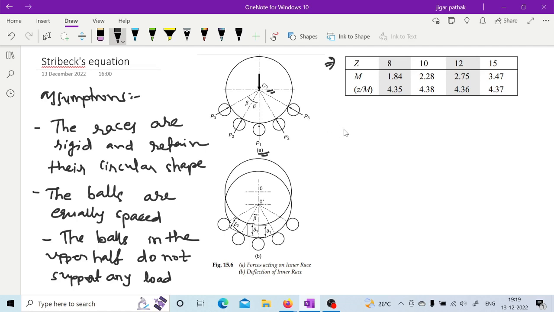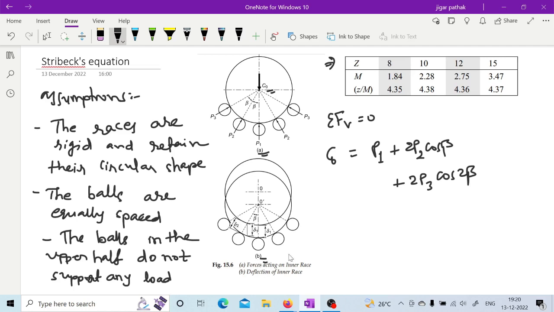If we take the forces acting in the vertical direction equal to 0, this equilibrium gives us C naught equals P1 plus 2P2 cos beta plus 2P3 cos 2 beta, right.